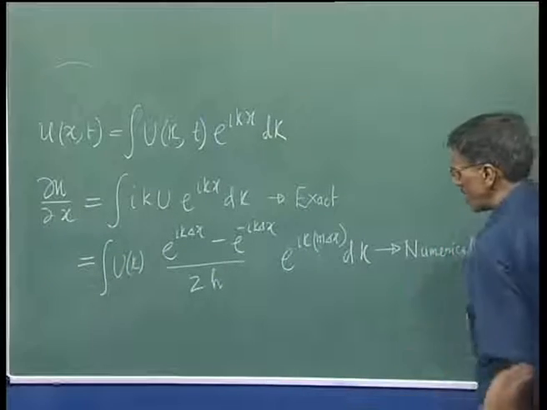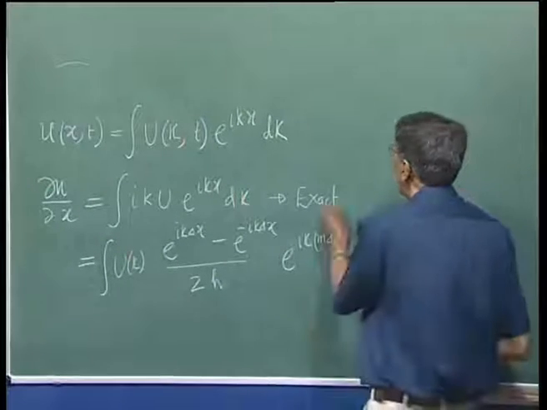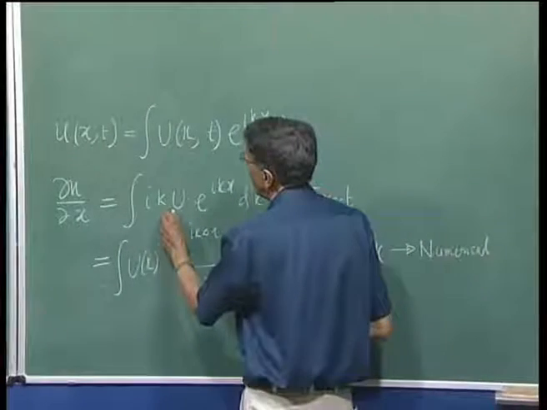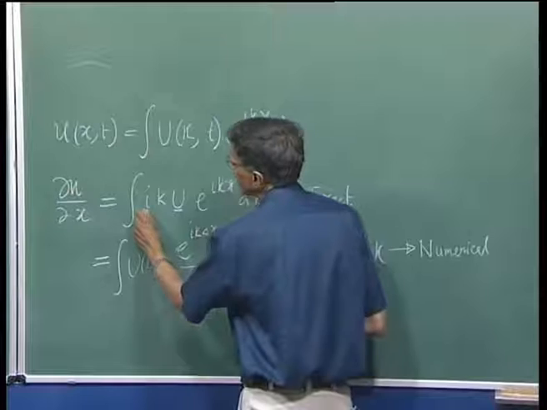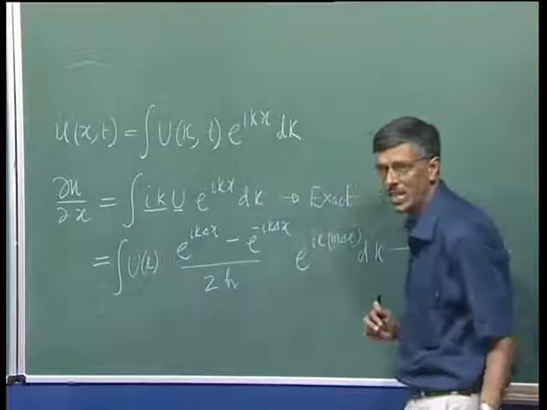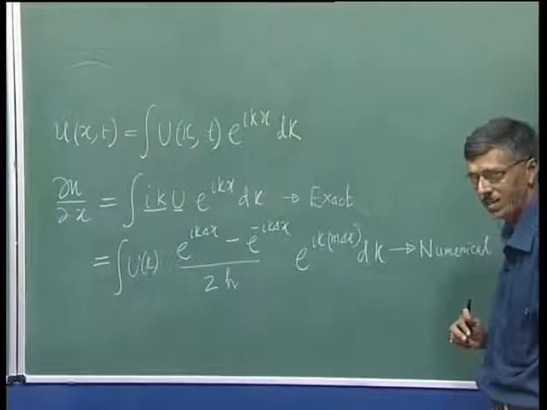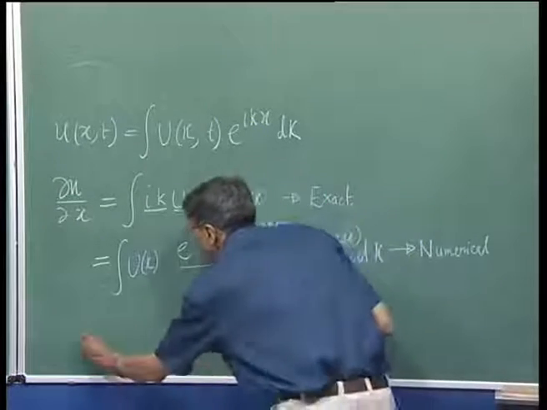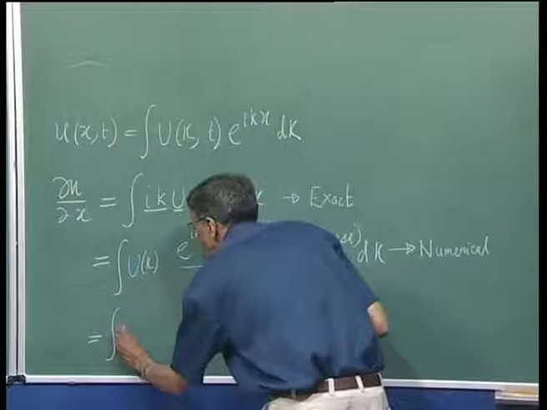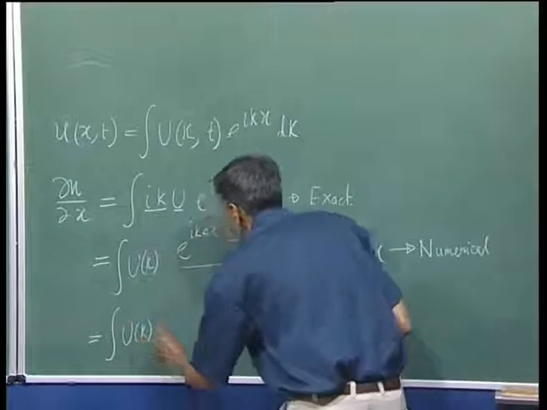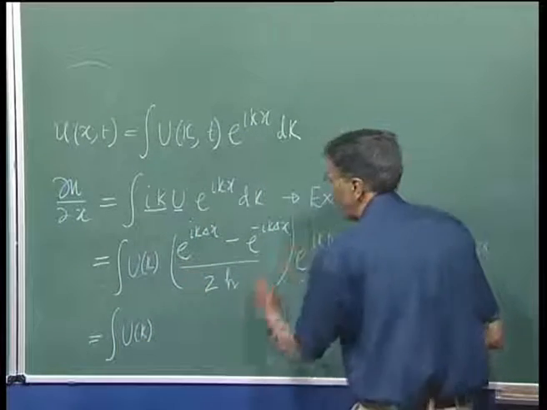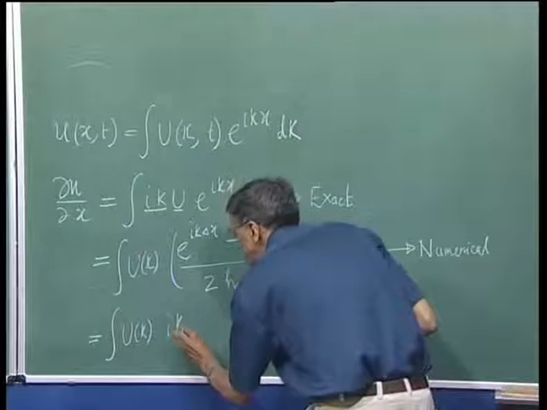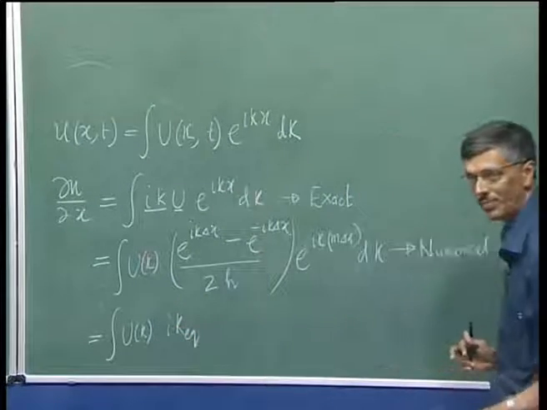So, what you are noticing is that in getting the exact representation, you had the Fourier amplitude, and you just simply multiplied by i k to get the derivative, right. So, I could write this equation also in terms of u of k as it is, and this quantity that we have here, let me write it as i k equivalent.